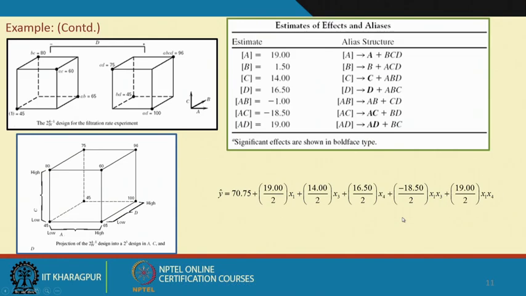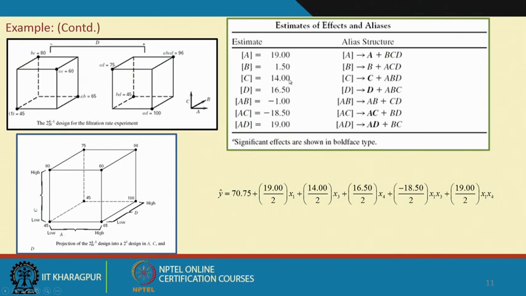Okay. So, with this explanation, now see the effects and their alias structures. A 19, B 1.5, C 14, D 16, AB minus 1, AC and so on.